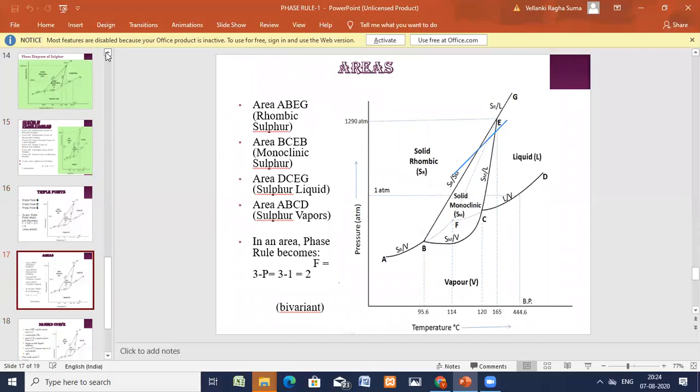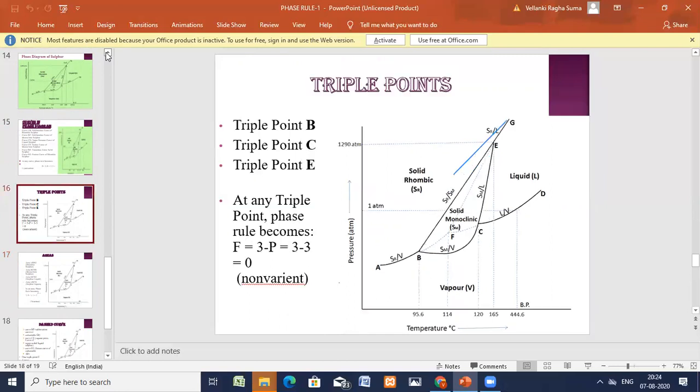So this phase rule helped us in studying the equilibrium systems of the different phases of the sulfur that are in equilibrium. So variance is studied: the temperature variance, pressure variance, and concentration variance. All these degrees of freedom are studied using the phase rule.